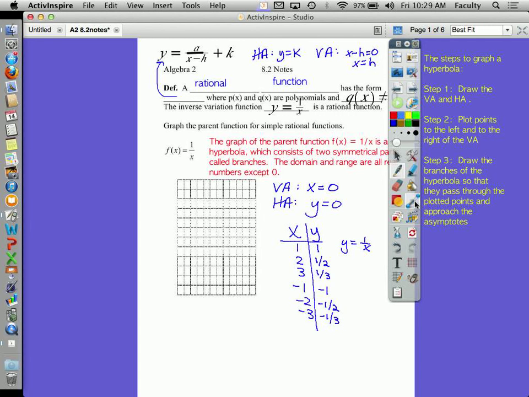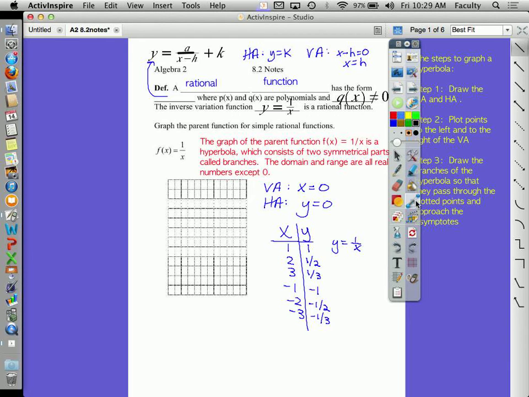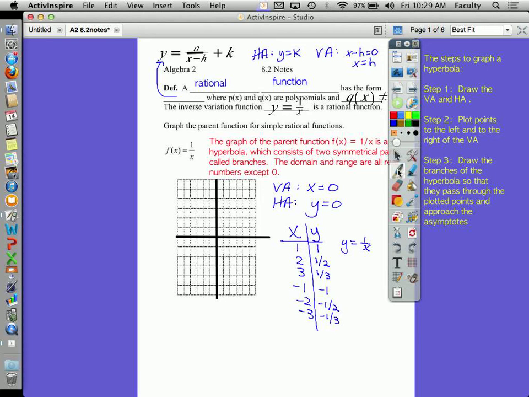So I'm going to make my coordinate grid. Now what you want to do, just like we did with exponential functions and logarithmic functions, before you plot your points, draw the vertical and horizontal asymptotes.